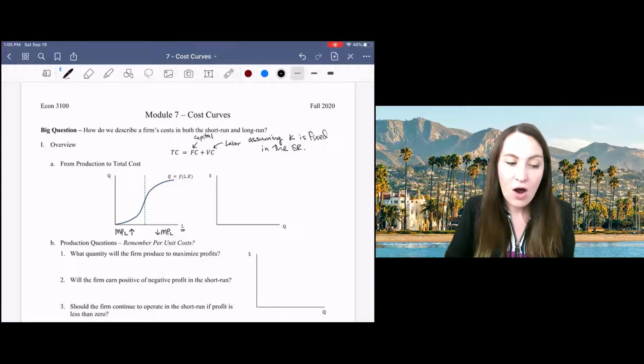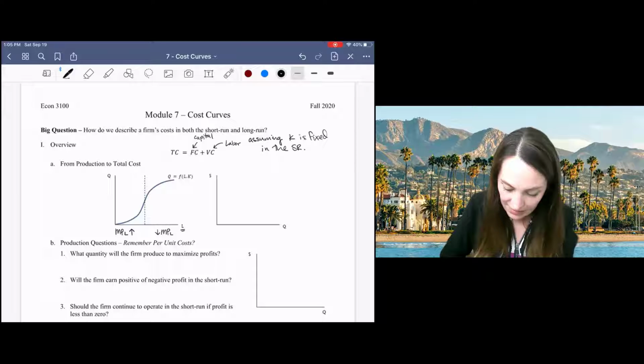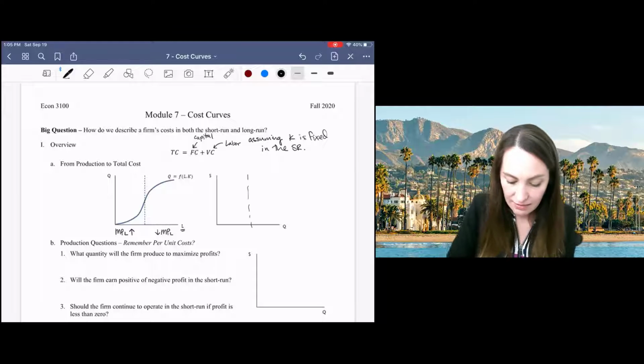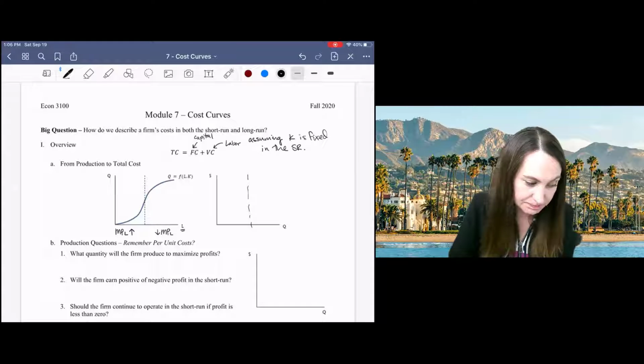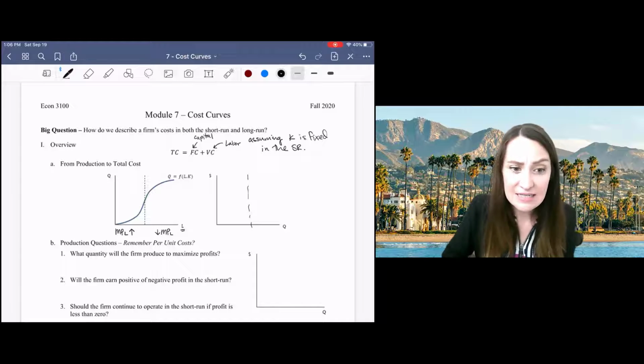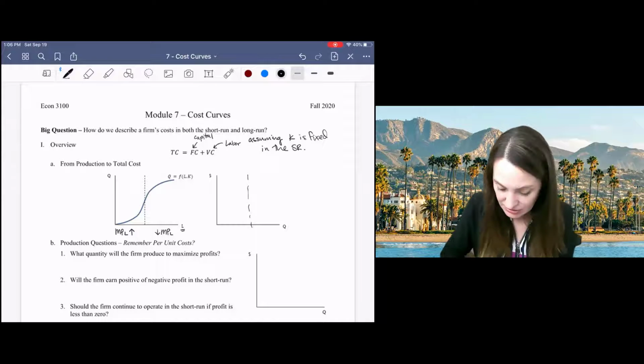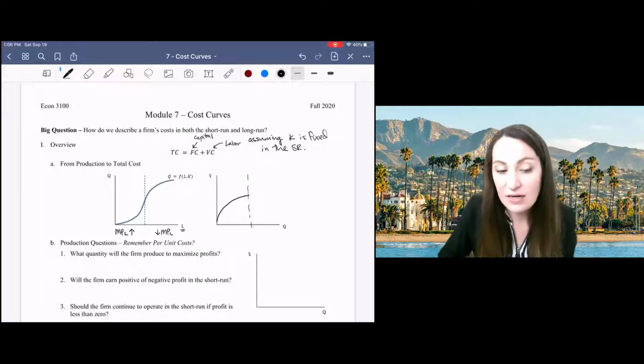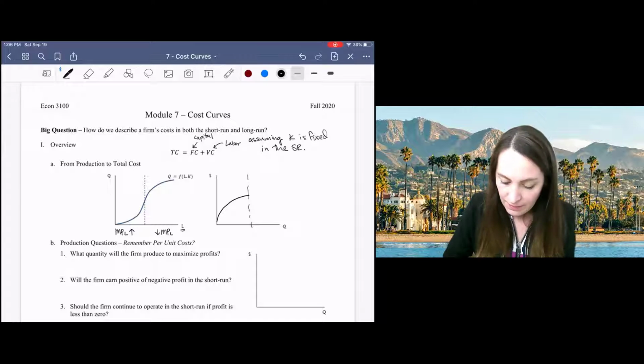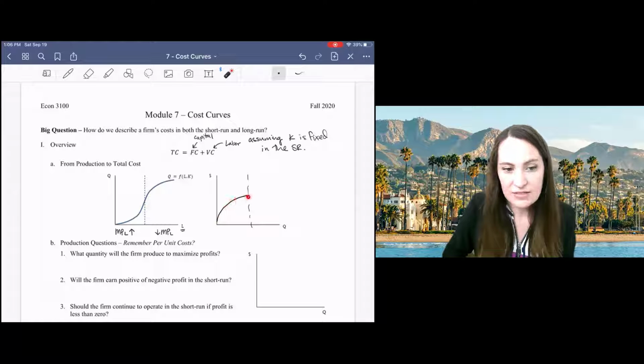So on portions of the production function where we have increasing marginal product, we would have decreasing marginal cost. And if we were to plot our cost function, then it's going to look something like this. Of course, cost is increasing with output, but here you can see it's increasing at a decreasing rate.